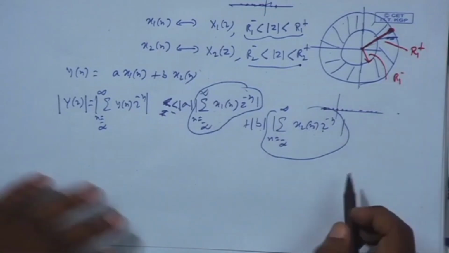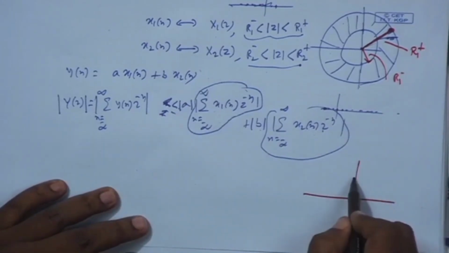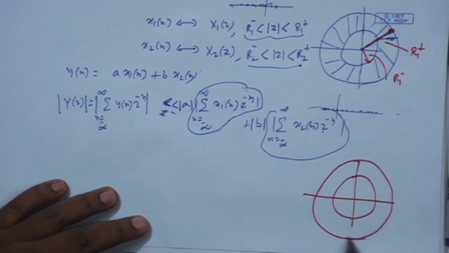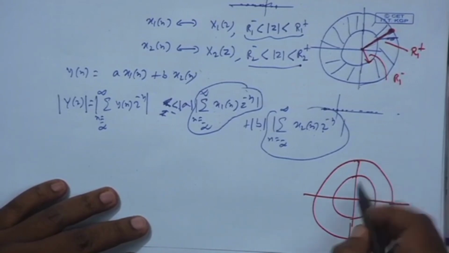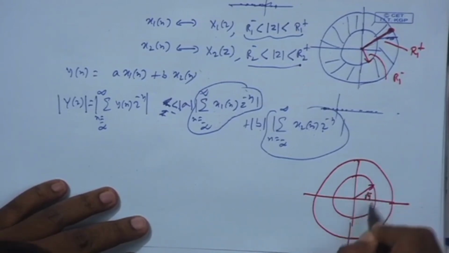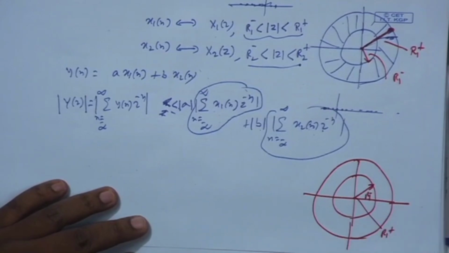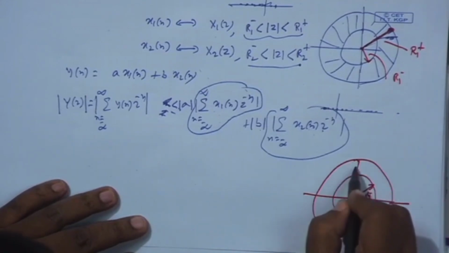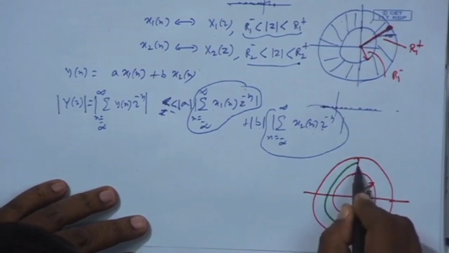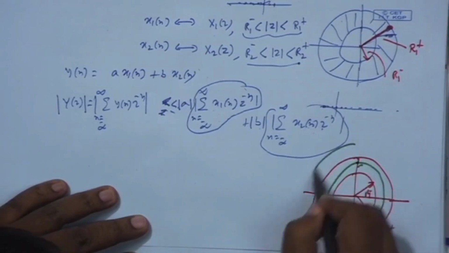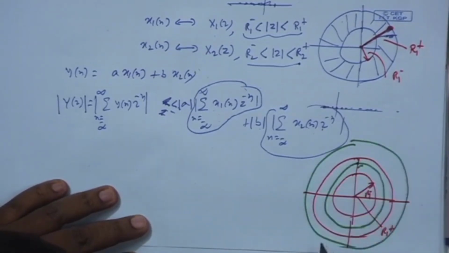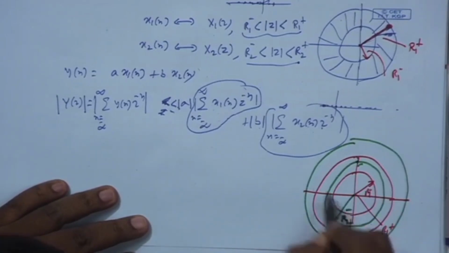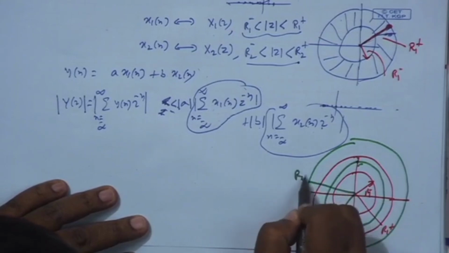For instance, if there is an overlap like that, then okay, this is one annular ring, this may be R1 minus, this may be R1 plus. And suppose you have got another case, okay, this may be R2 minus, this may be R2 plus.